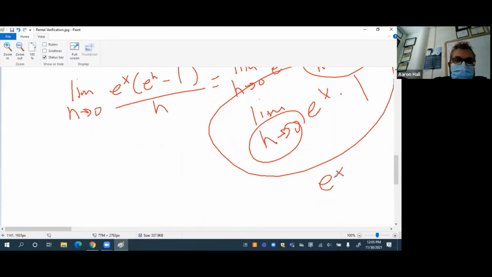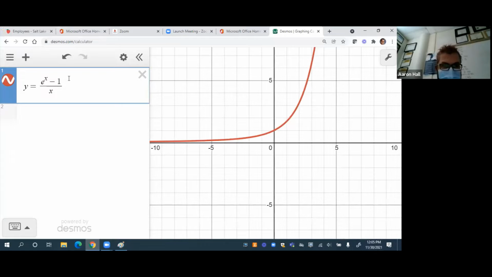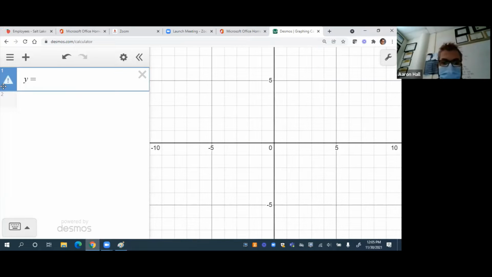Wait, e to the x is the derivative of e to the x? Yeah. Crazy, huh? Let's consider this. This is sort of a cool idea. Let's go ahead and graph y equals e to the x.